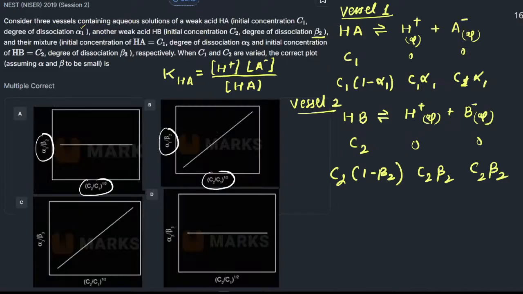Y also increases. It does not remain constant, so option A is not correct. In case of B, when square root of C2 by C1 increases, alpha 1 by beta 2 also increases linearly, because there is a linear relation. So option B is correct. Okay.